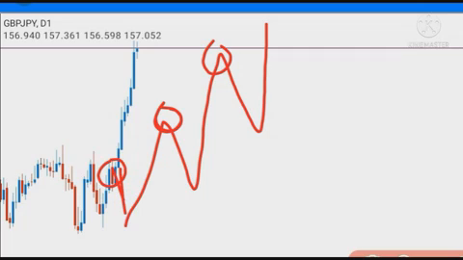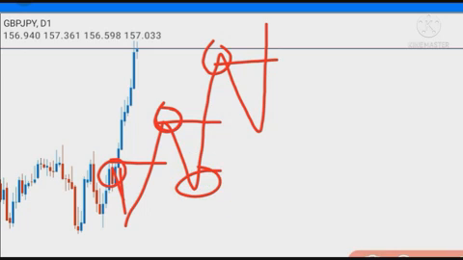Now, what do we want to see on the highs in an uptrend? We want to see the market breaking the highs. That's all we want to see. In an uptrend, we want to see the highs being violated. But when we come to the lows, you see that this low is higher than this low, and this low is higher than this low.